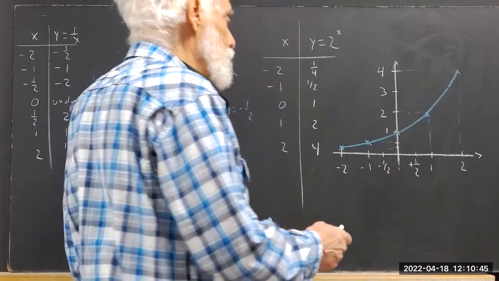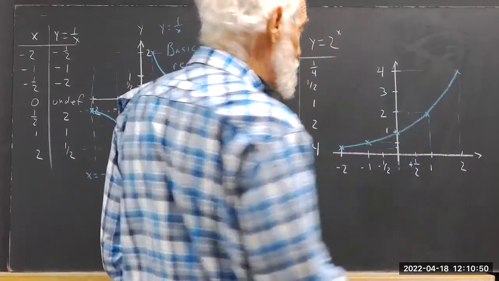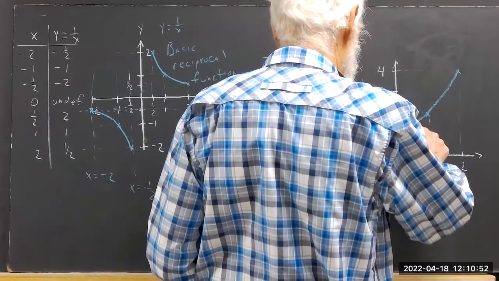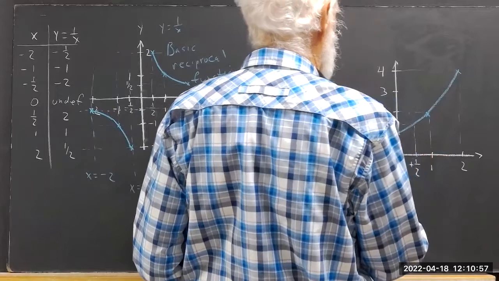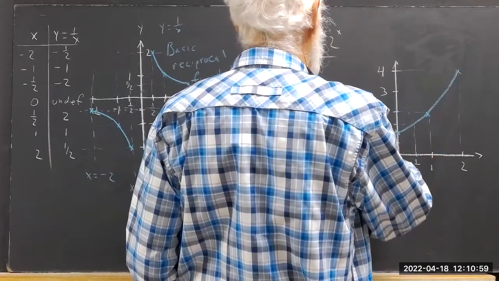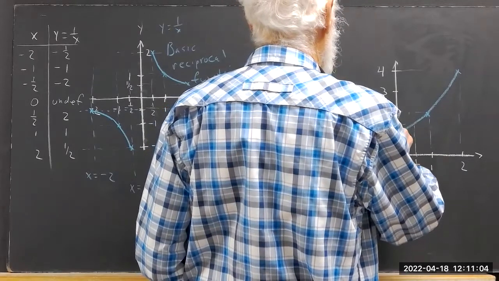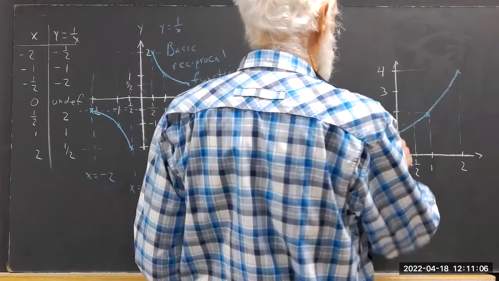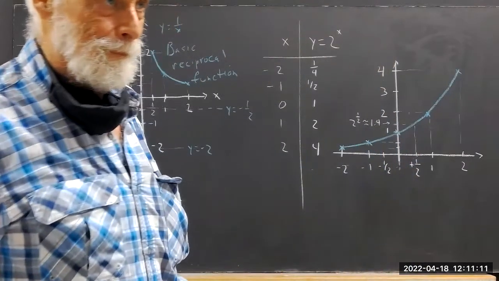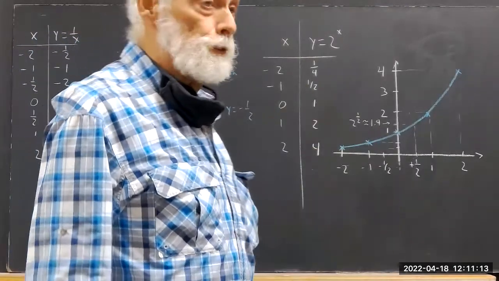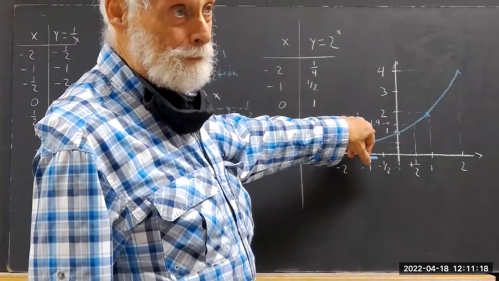And I noticed that I could estimate 2 to the 1/2 power. All I have to do is come up here, then come over here. And that number is a little closer to 1 than it is to 2. We're going to say it's about 1.4. Well, 2 to the 1/2 is the square root of 2. If you square 1.4, you get 1.96.